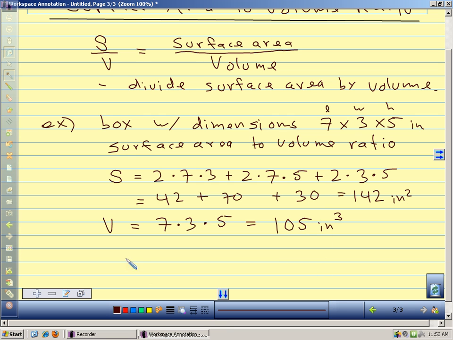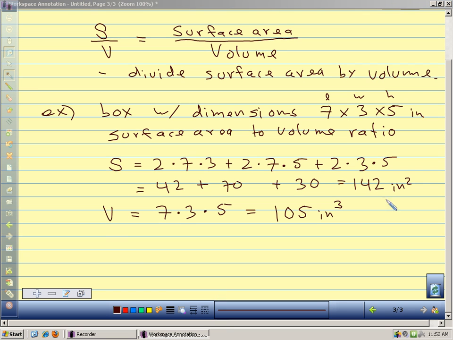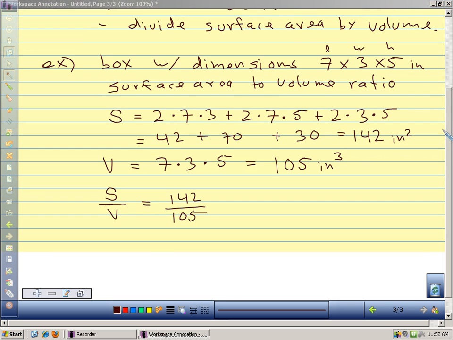So for our surface area to volume ratio, we're just dividing the surface area by the volume. S divided by V is 142 divided by 105. And for our surface area to volume ratio, we're not worried about units. We just want a ratio. If I plug this into my calculator, we get 1.35.